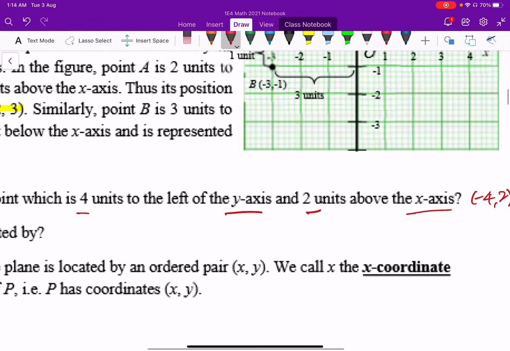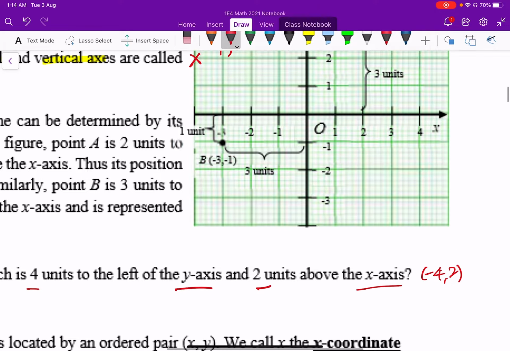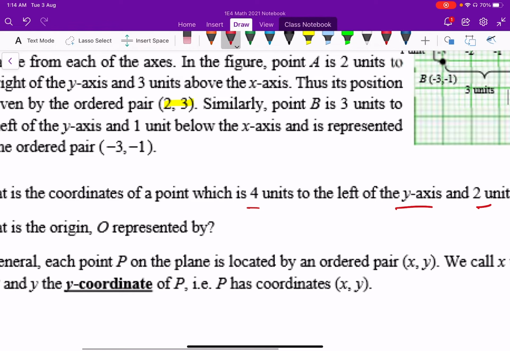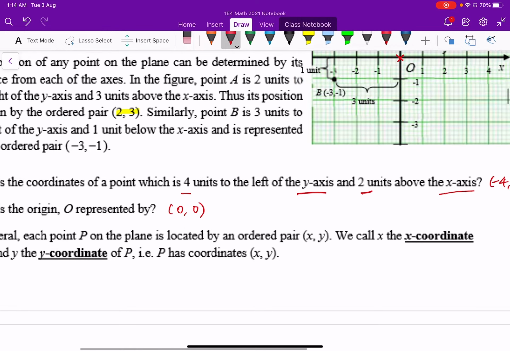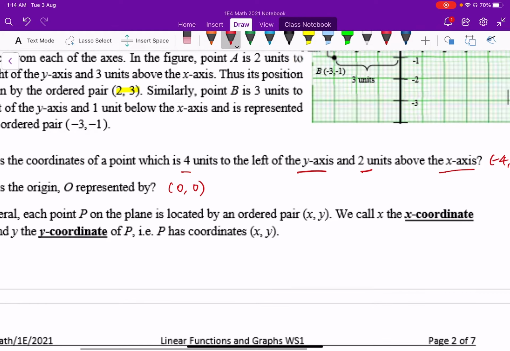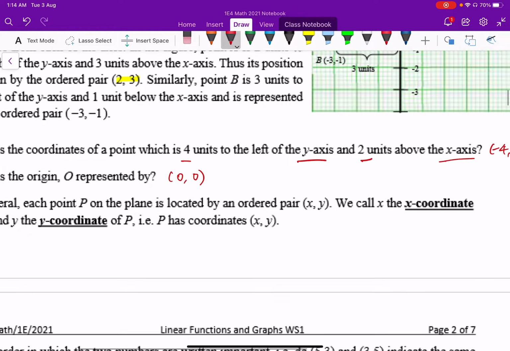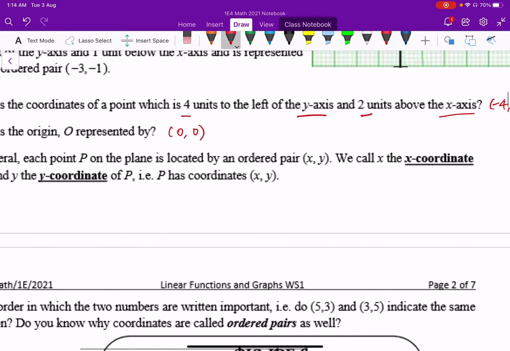Then they ask what is the origin represented by. So you see here, this origin is represented by what? It starts from (0, 0). All the numbers must start somewhere, so it starts from (0, 0). Okay, in this ordered pair, with the comma and the brackets, the first number we call the x coordinate, and the second one we call the y coordinate.